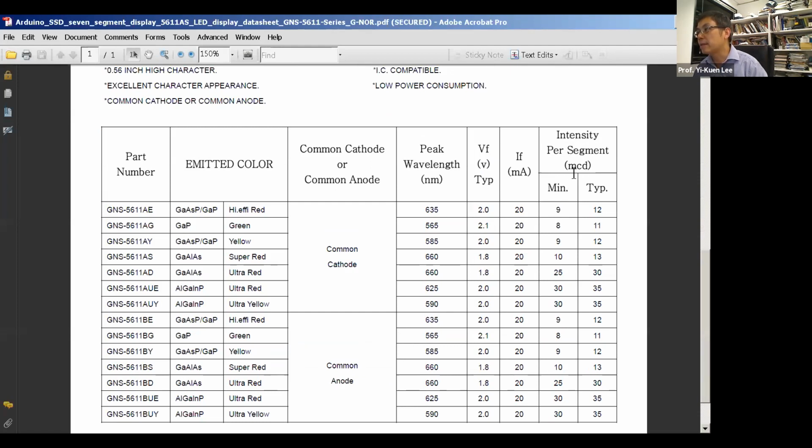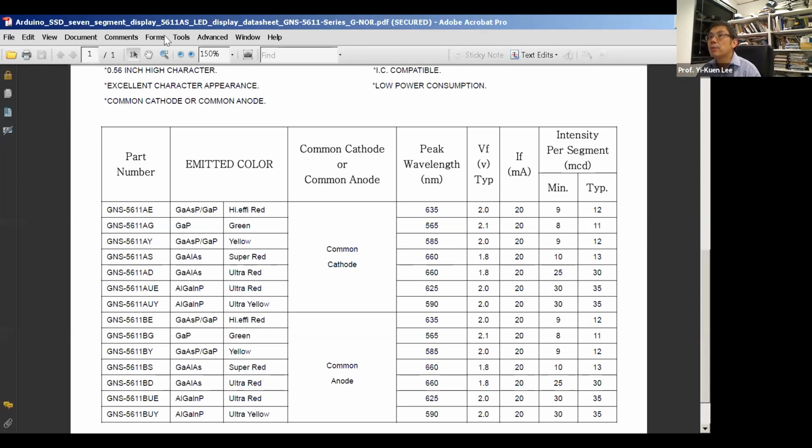This is a light intensity unit, right? So if you use 20 milliamp, then that is your typical output intensity. They also show you the typical VF, the forward voltage. The typical current is 20 and the voltage about 2 or something. It really depends on the kind of LED.